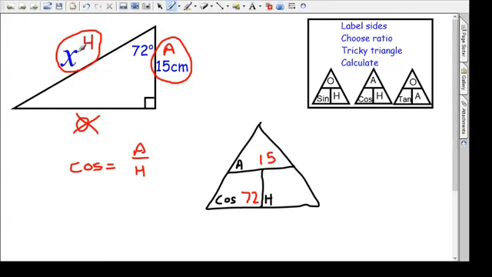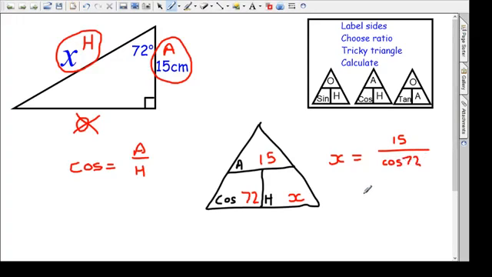And the H is the X. Now this time, the X is down here. This tells us something. This tells us that this is a divide. So we need to find the X, we need to divide 15 by cos 72. So X is equal to 15 divided by cos 72.